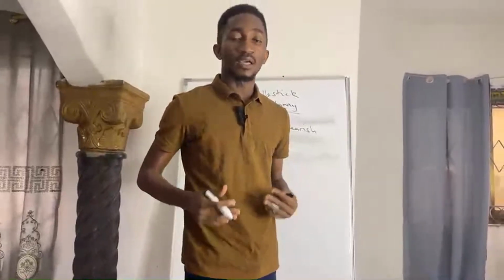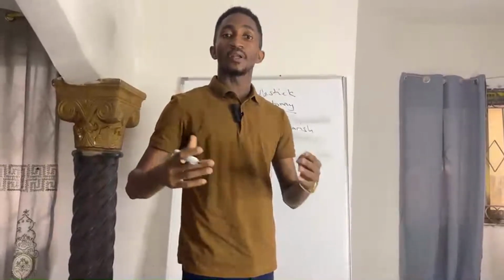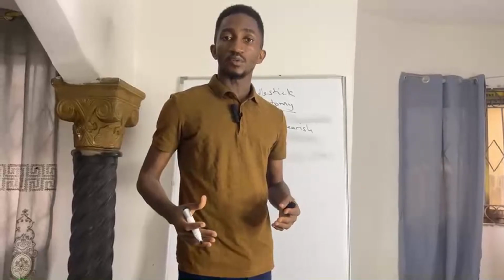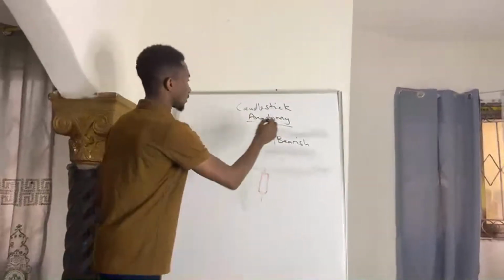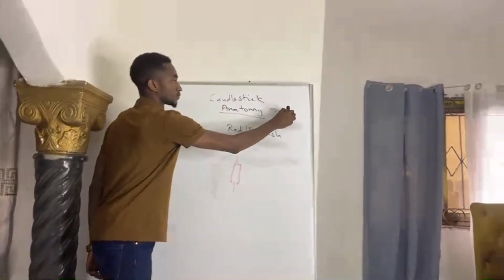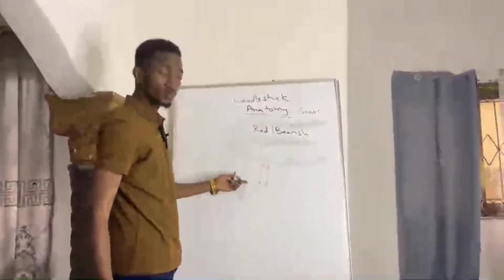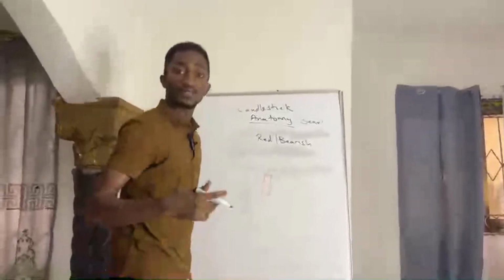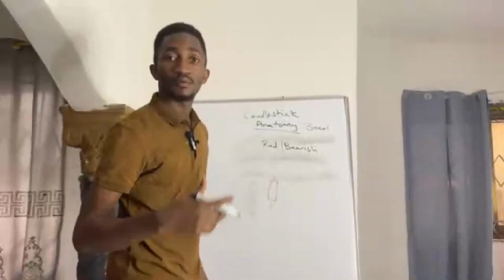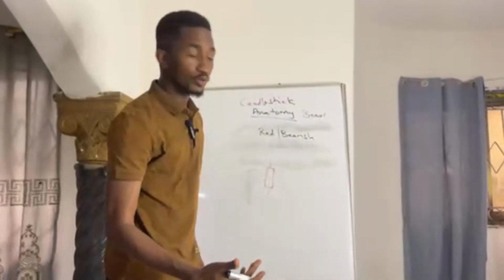Now, what is a bearish candle? A bearish candle is like a sell candle, when the sellers are in control. We say the bears are in control. So when the sellers are in control, we say the bears. So this is a bearish candle. Whenever we say bearish, it means the sellers are in control.